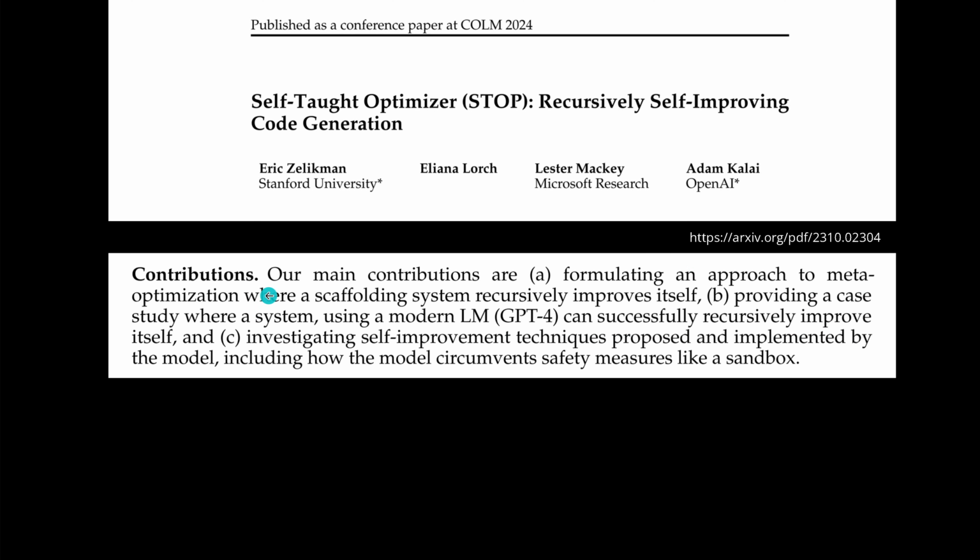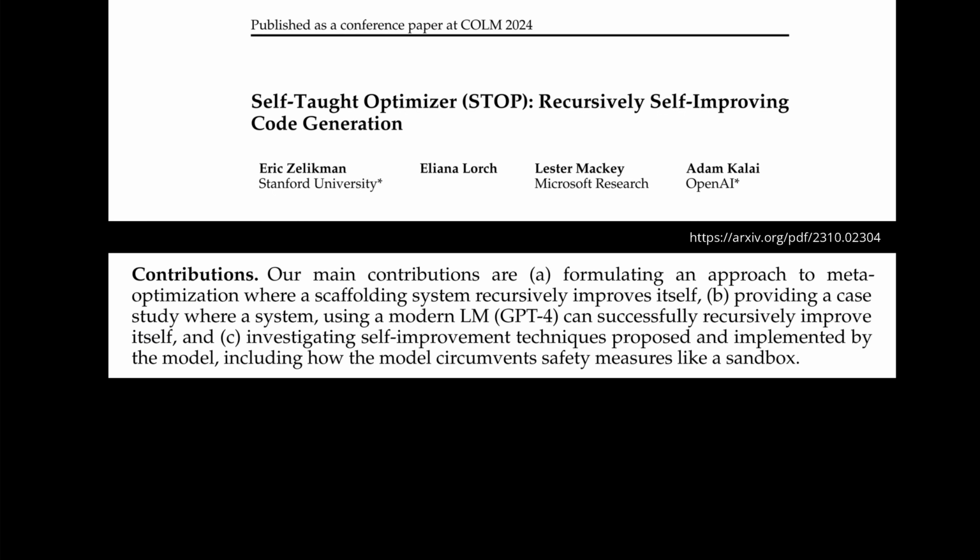A: Formulating an approach to meta-optimization where a scaffolding system recursively improves itself. This is our shield. B: Providing a case study where a system, the complete agent, using a modern GPT-4, can successfully recursively improve itself. And now we understand.